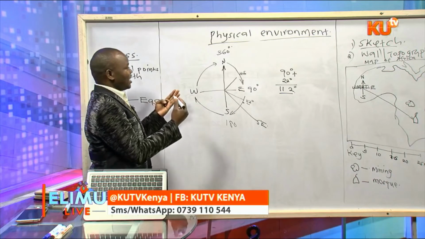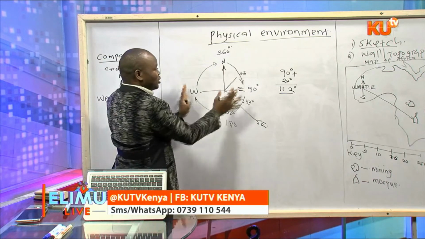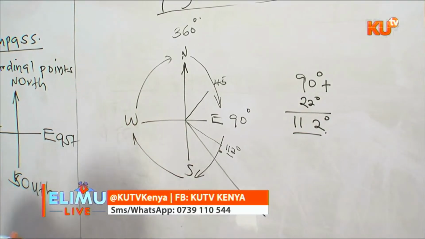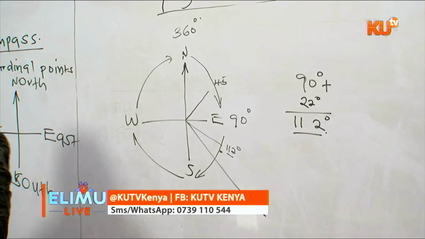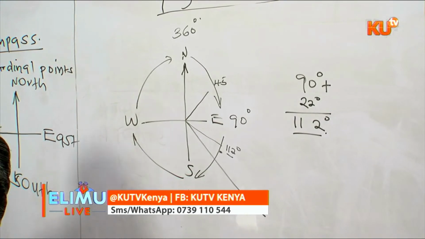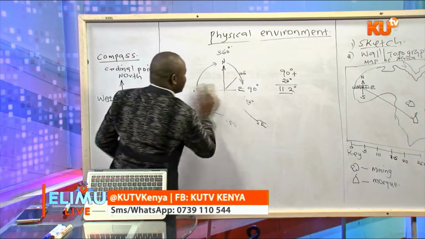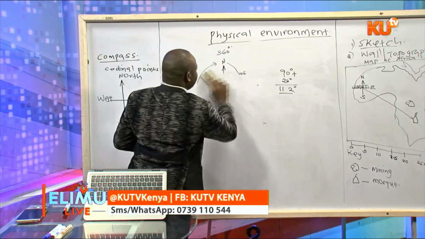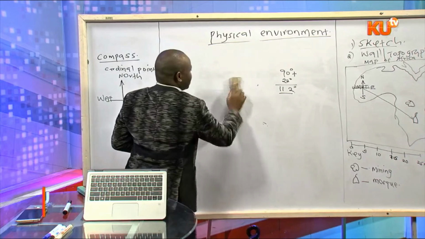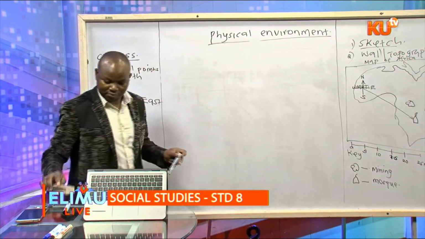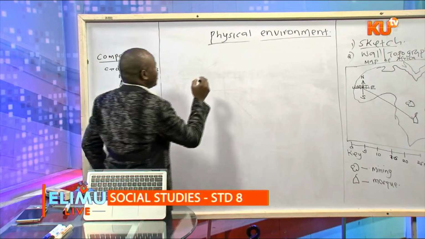The second part, remember, we are only talking about the first one, which are called the main cardinal points. Then we have what you call the 8 points of a compass. Let us also check the 8 points of a compass.